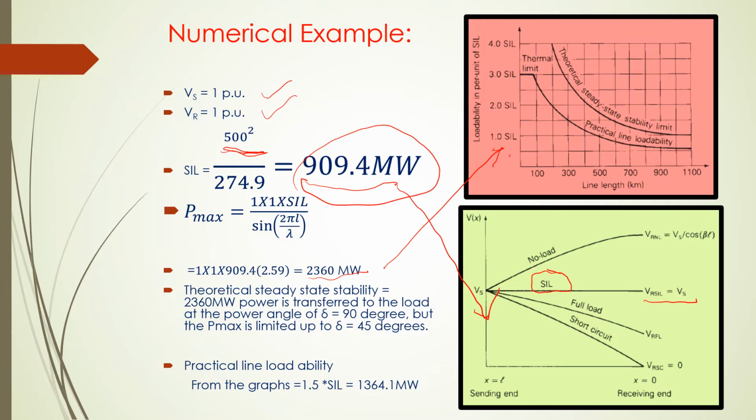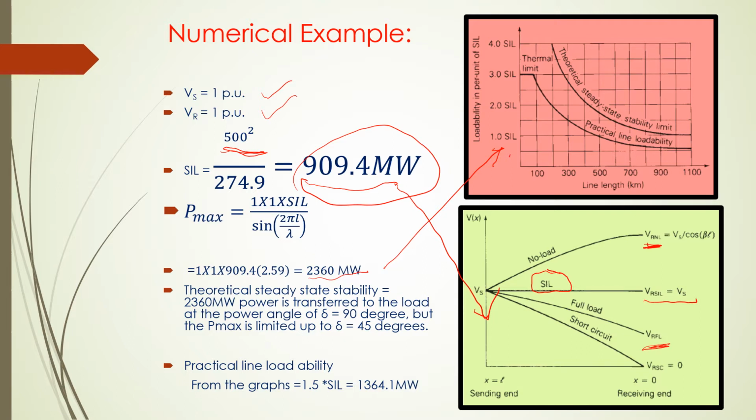If the load is less than this SIL, then the receiving end voltage is more than the sending end voltage. If the load is more than SIL, then the receiving end voltage is lower than the sending end voltage.